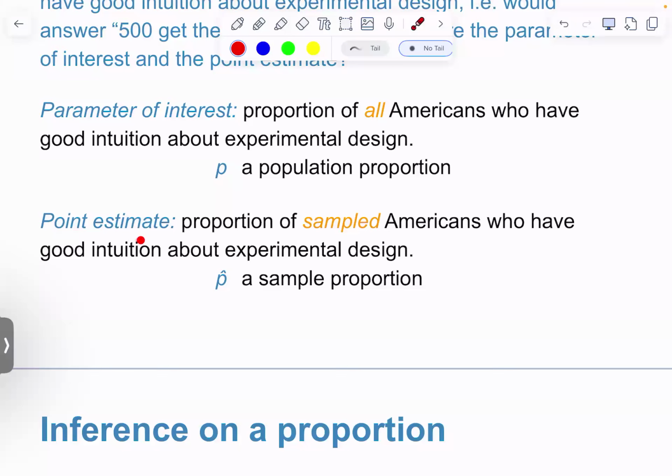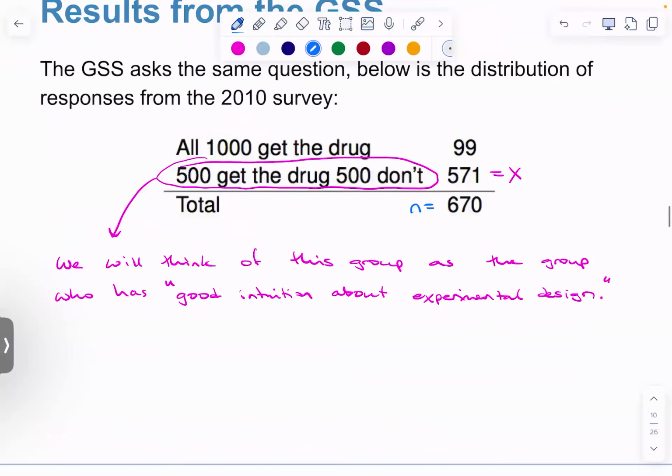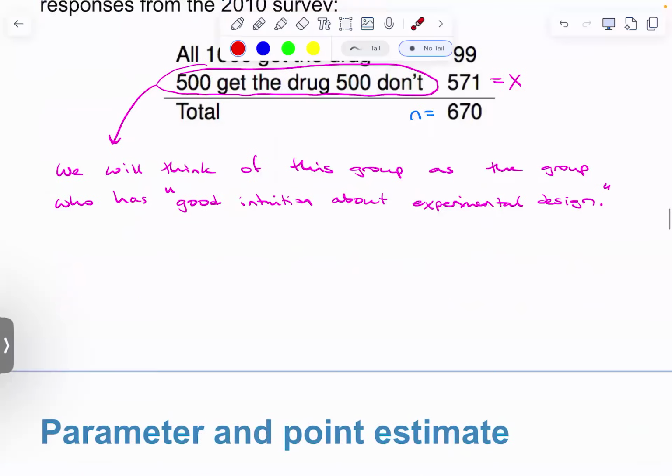The point estimate is the proportion of sampled Americans who have good intuition about experimental design. In general, P hat is X over N, and depending on what you want to talk about, that will determine what your X is. In this case, our X is 571 and our N is 670.